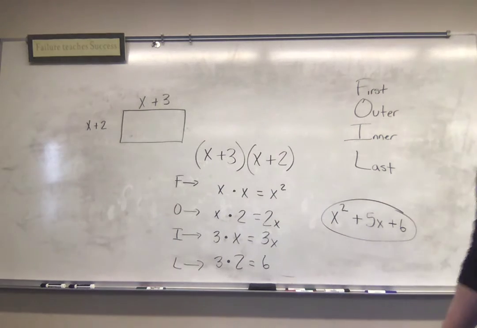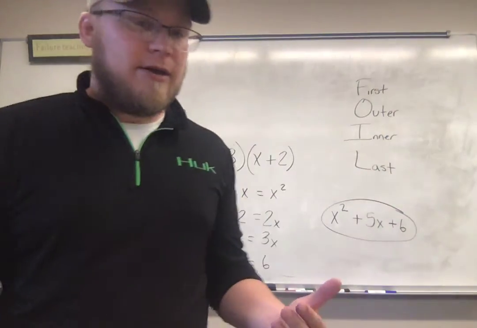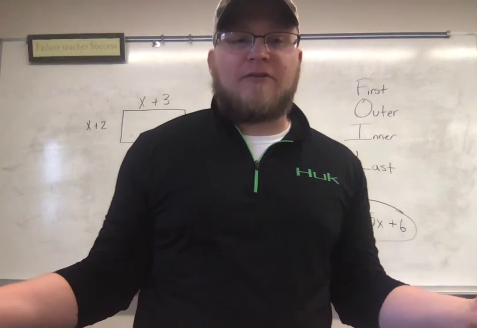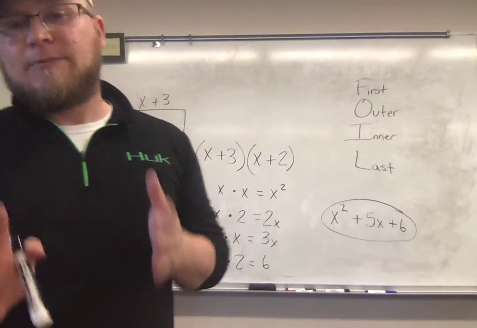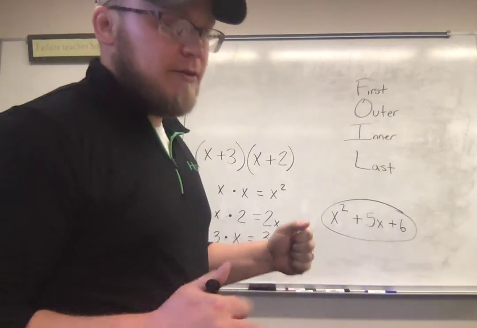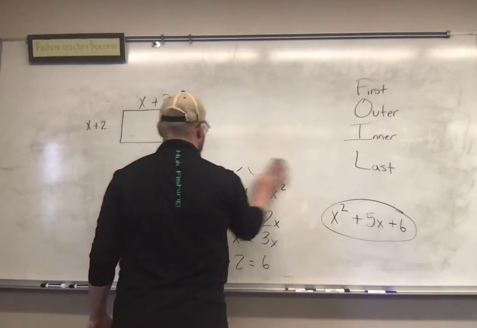Okay, so we're going to do one more like that. I'm just going to do example 3. Example 3 and 4 are the same thing. They're just with different numbers. You use the same exact method. FOIL, first, outer, inner, last. And you get your answer to the problem. So I will erase this one.